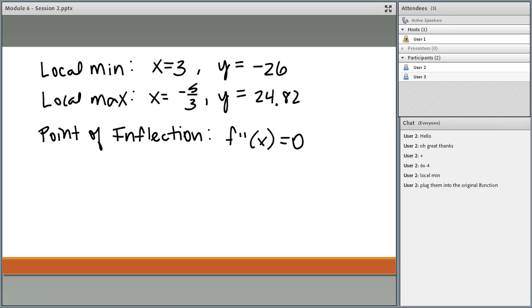So we can take the second derivative, which we found to be 6x minus 4, and set it equal to 0. So solving for x, we get x equals 4 over 6 or 2 over 3.